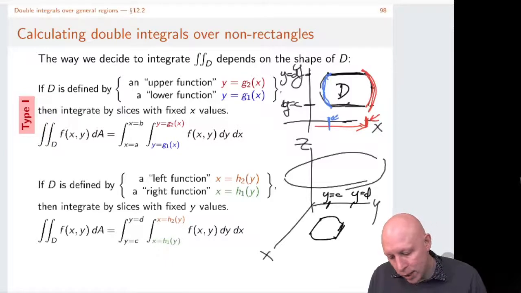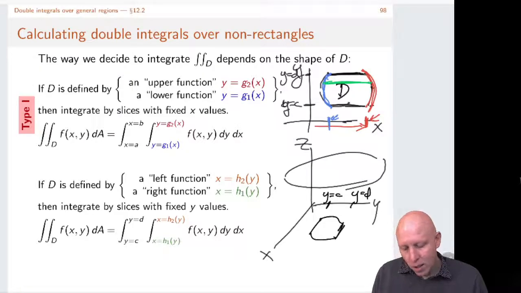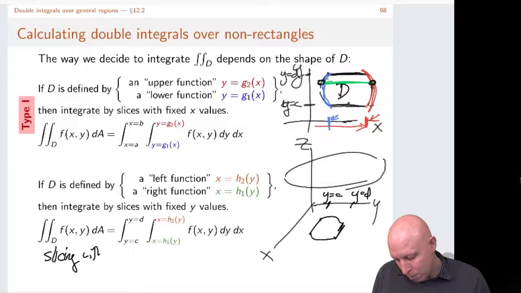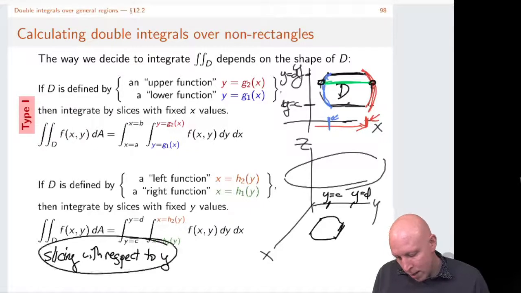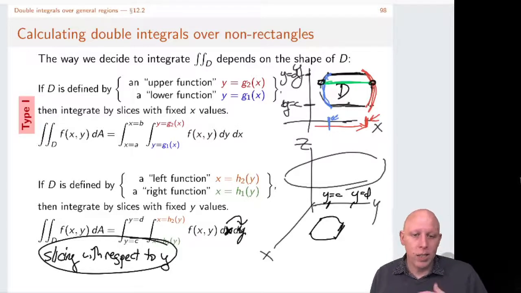So if we have this region here where any horizontal slice goes from this lower function up to this higher function, no matter what y is, then now we're slicing with respect to y. Oops, my order here, this should be dx, this should be dy. So we're slicing with respect to y.